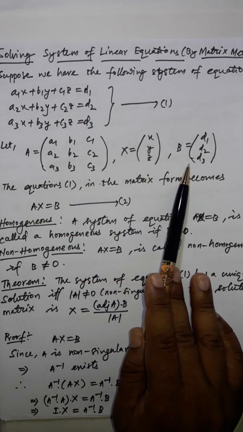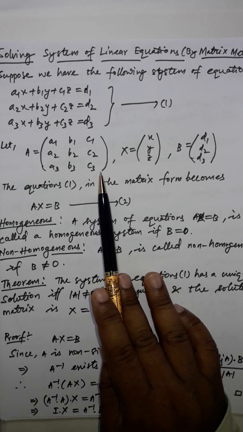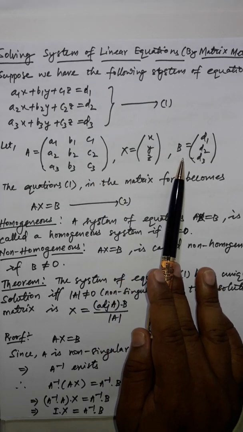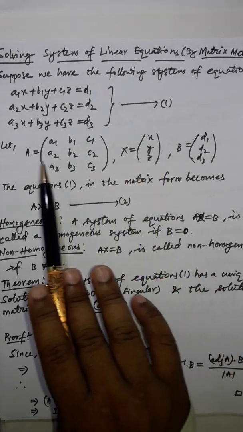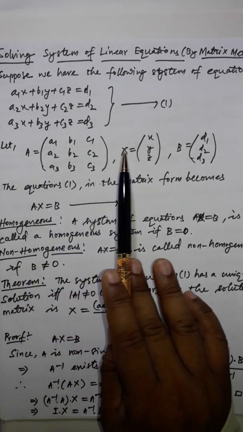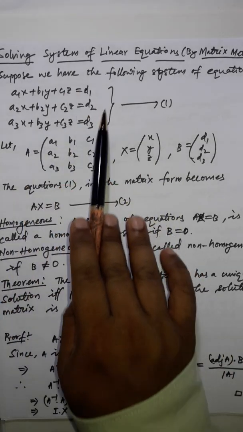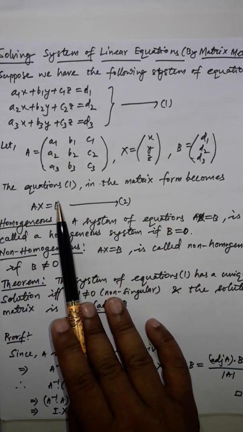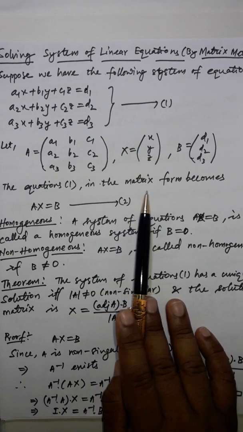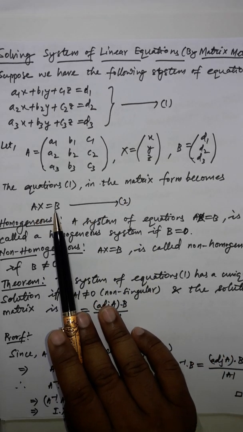So in that way we have 3 matrices, A, X, and B. If you multiply matrix A with matrix X, then we'll get the matrix B as the result. So the whole system, system 1, can be represented in matrix form as A into X is equal to B.